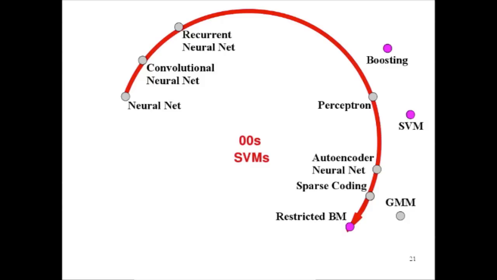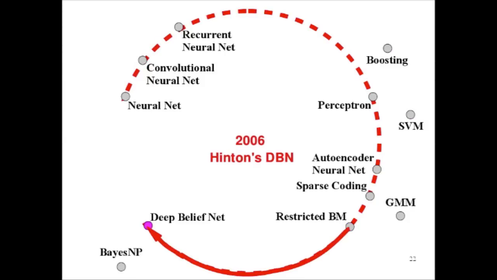The breakthrough came in 2006 when he figured out that he could train very deep neural nets in a totally unsupervised way. The trick was to start with a restricted Boltzmann machine. After you train it, you can just use it to map images into feature space. Then you use these features as data to train another restricted Boltzmann machine, and so on and so forth. At the end, you get a big graphical model, which is called a deep belief network, that is trained in a totally unsupervised manner.